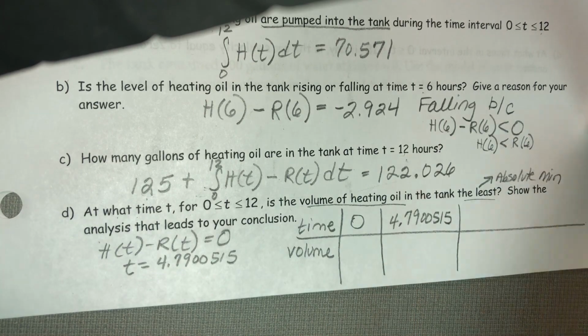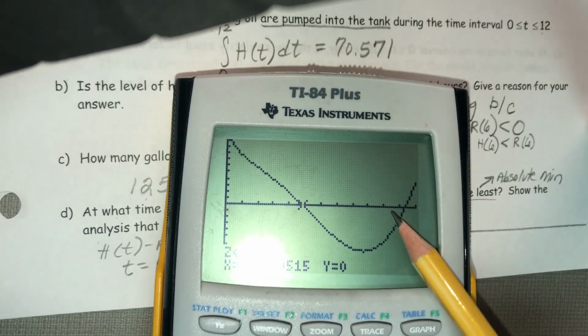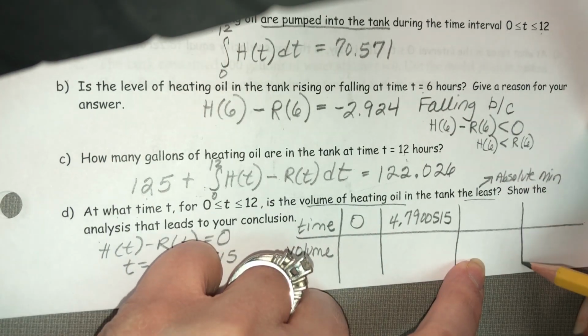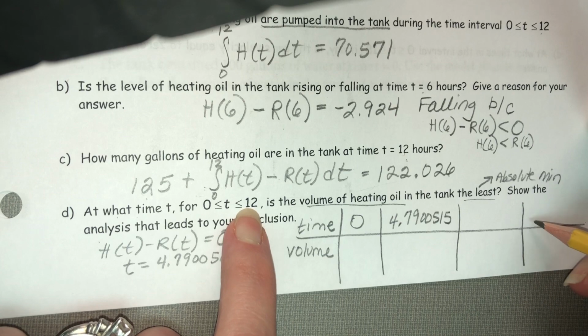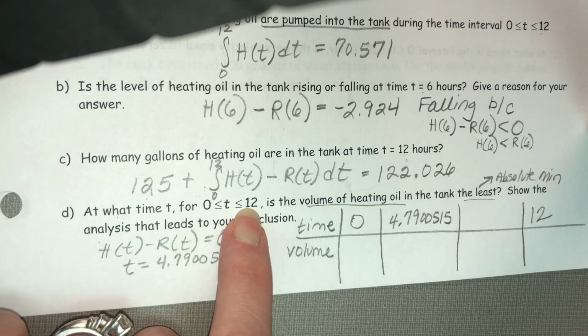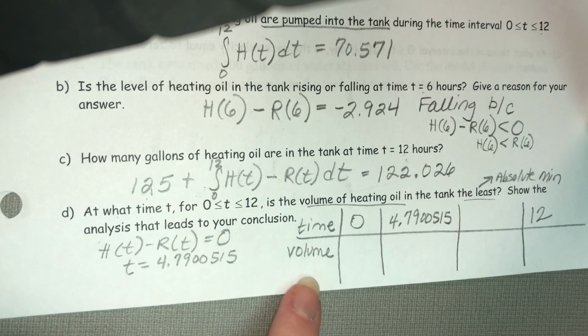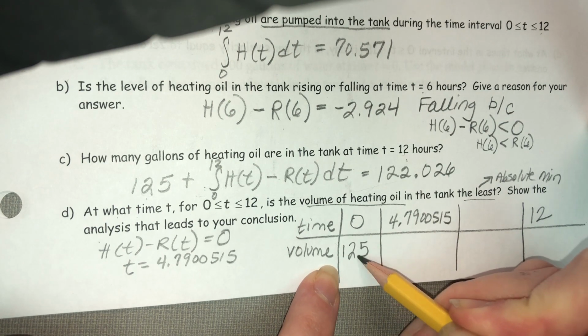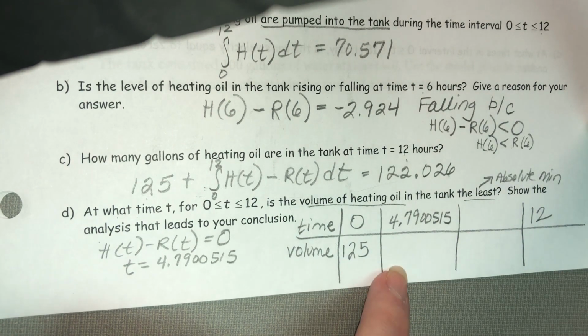And then we're about to figure out what that other x-intercept is, so we'll have another one that we have to use the calculator to compute. And then the endpoint of 12 will be the other one. So we want to know what the volume is. Well, the volume at time 0 is 125. They gave us that in the problem to start with. But now we need to figure out what the volume is here.